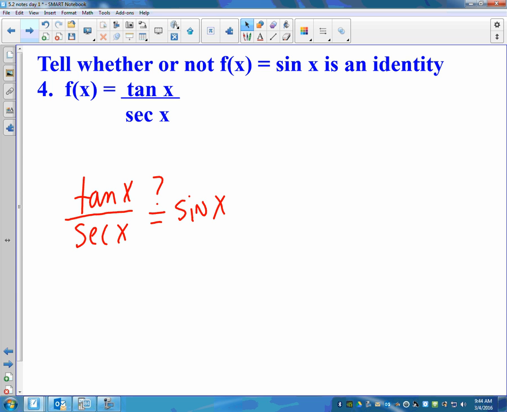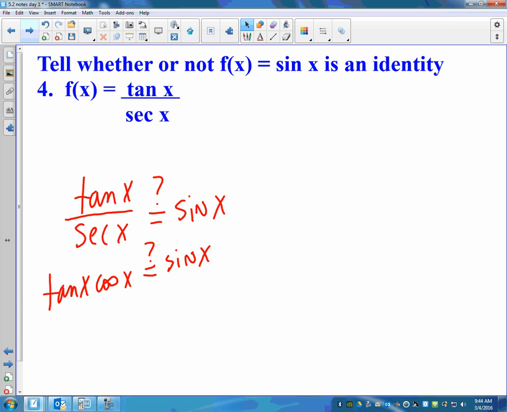Lots of options. But for me, if I see a trig function in the bottom and there's no addition with it, the first thing I would do is bring it up, because secant in the bottom of a fraction is the same as cosine. So instead of dealing with a complex fraction, I like to bring it up.